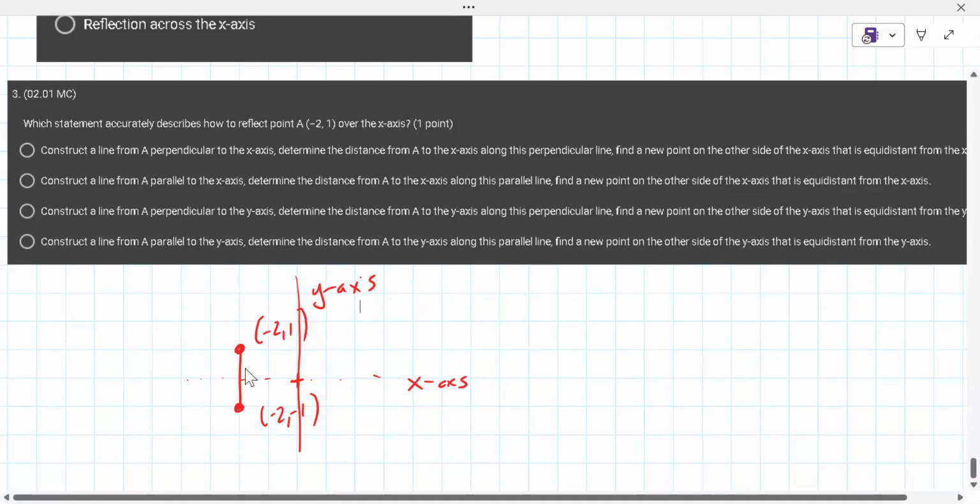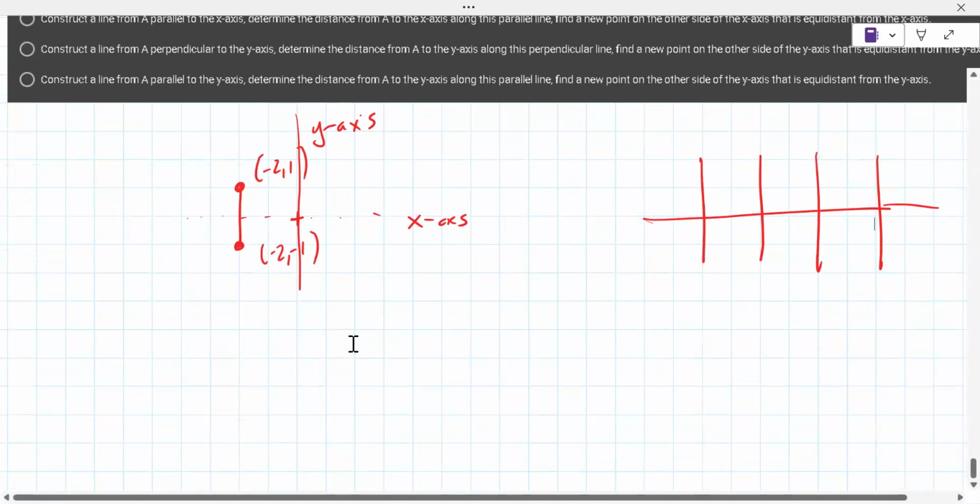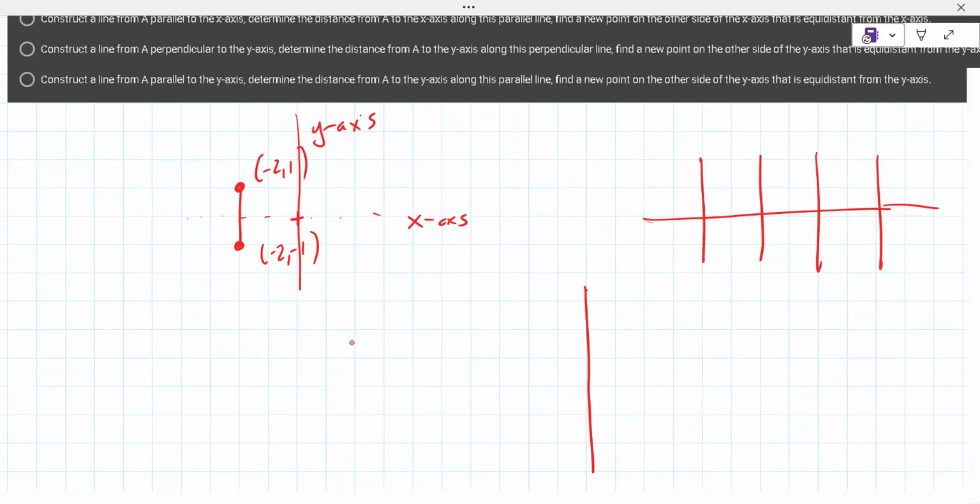Really? So here's the x-axis, and then these are the perpendiculars. And if you go the other direction, if you draw the y-axis, these are all perpendicular. Oh, okay. I thought it meant perpendicular the other way. That's parallel. Parallel. Okay.